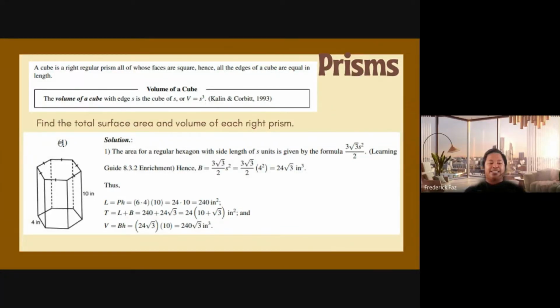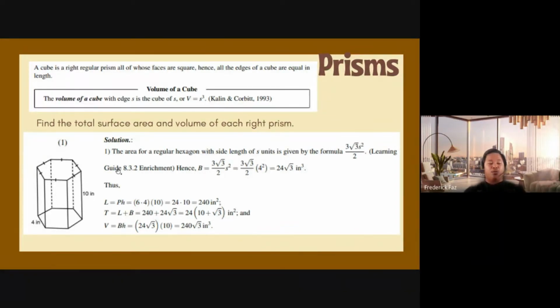Let's have this example. Find the total surface area and volume of the following. In this example, 4 inches is the side of the base, and 10 inches represents the height of this prism.